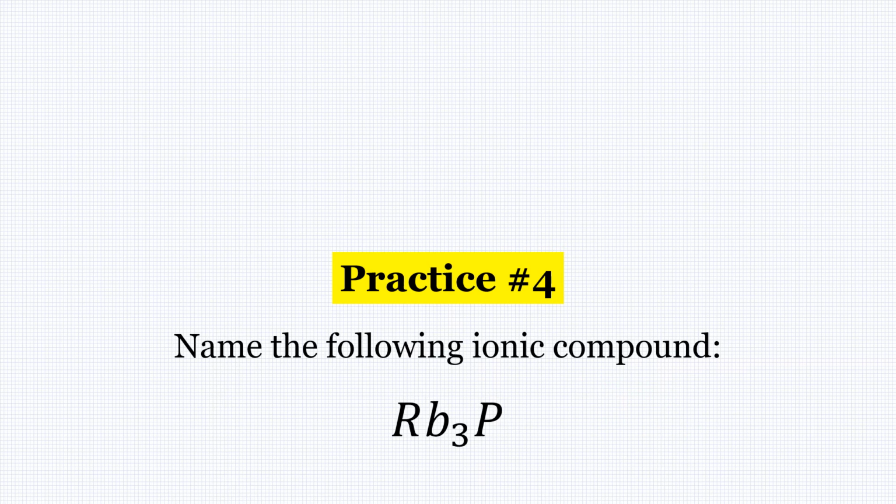Our final example here, we have Rb. This is rubidium, R-U-B-I-D-I-U-M. And the P rather is going to be phosphorus normally, but it's going to be phosphide here.